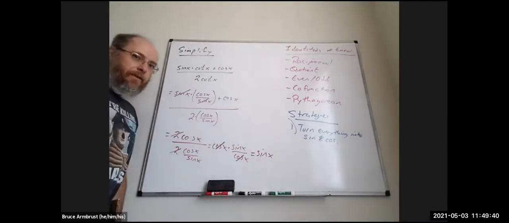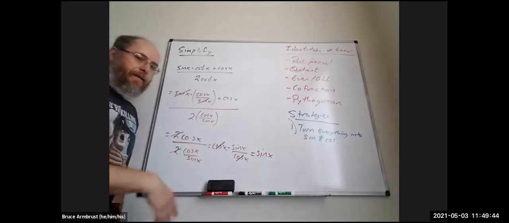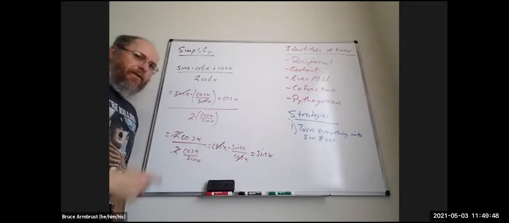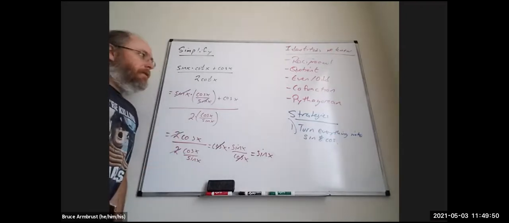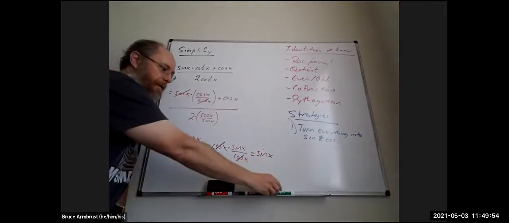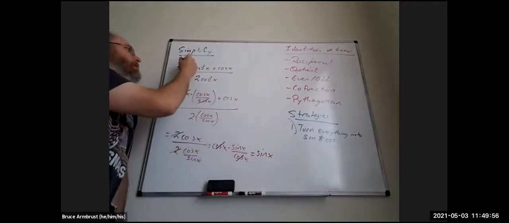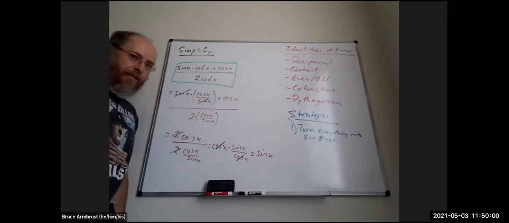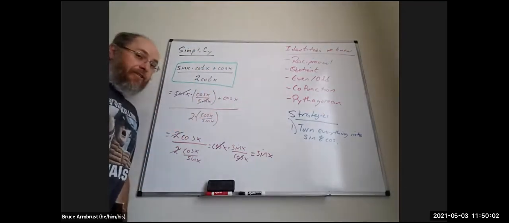Okay, so yay, we went through the motions. We turned everything to sine and cosine because Bruce said we should. I want you just to stop and look at this for a second. Look at where it started, and look at where it ended. We had this gnarly looking fraction that had all kinds of different trig functions in it.